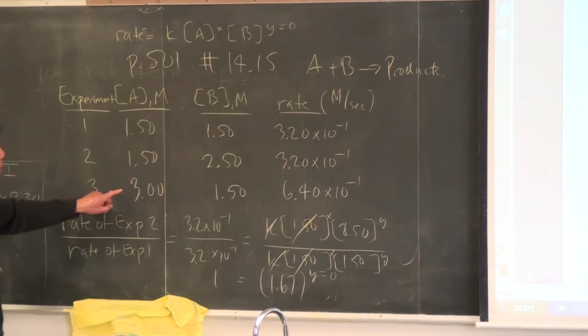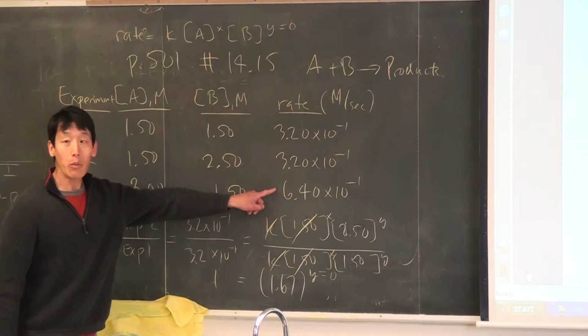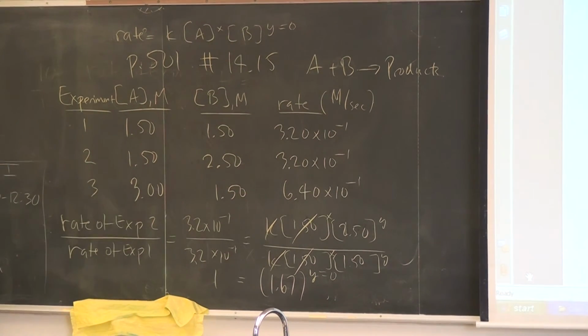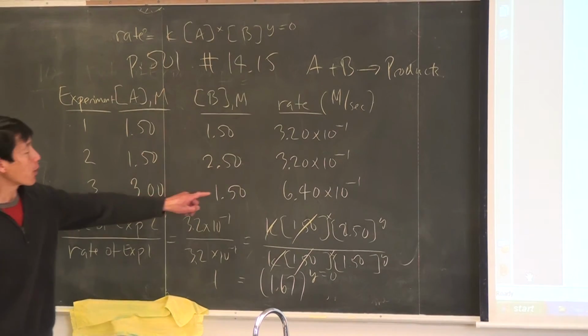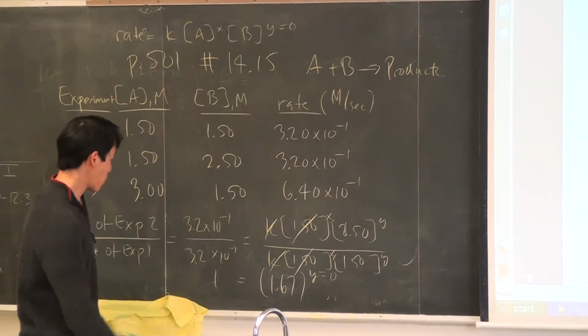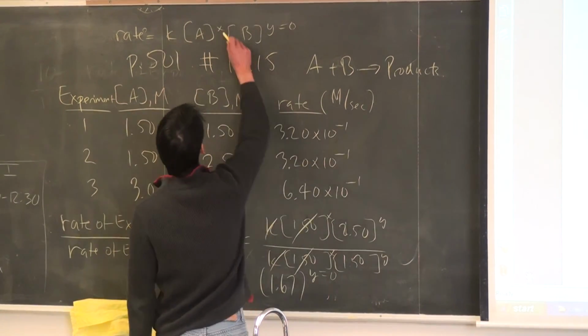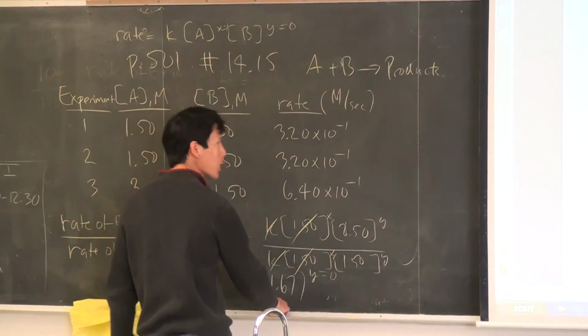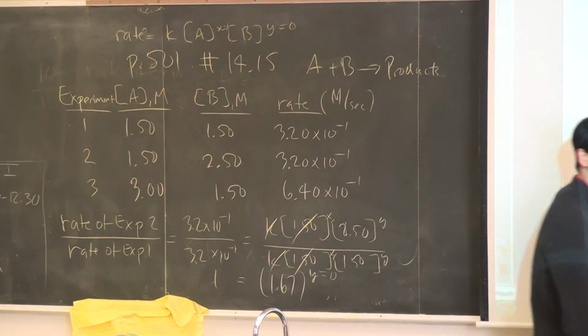We're doubling the concentration of A. When we double the concentration of A, what happens to the rate? It doubles. That means that the order with respect to A must be 1, first order, because again, we double the concentration and the rate doubles.